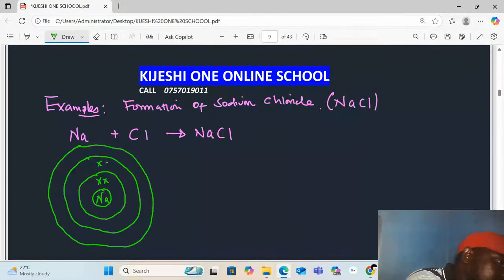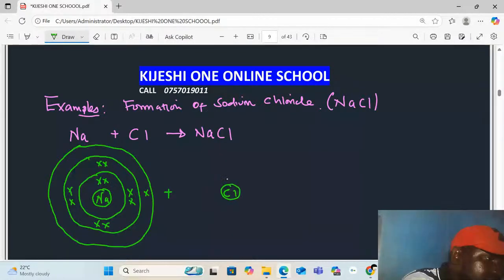The second has a maximum of 8. And the last one has 1, because sodium is number 11, so 2.8.1. Then this one is combining with the chlorine atom, Cl.